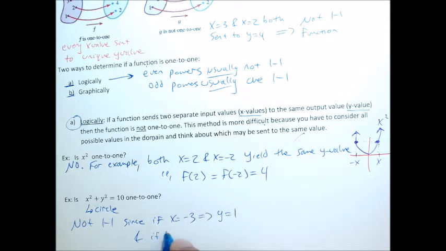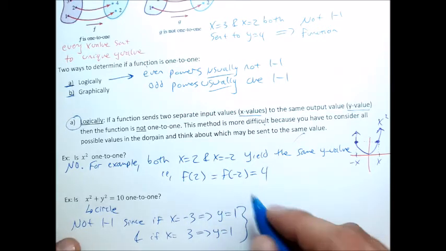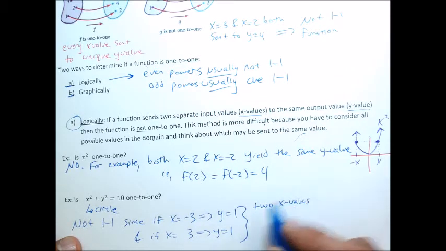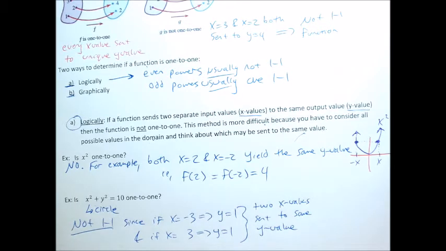And if x is +3, y is still 1. And so this is showing us two separate x values, 3 and -3, that get sent to the same y value. Two x values sent to the same y. And so that's why it's not 1-to-1.